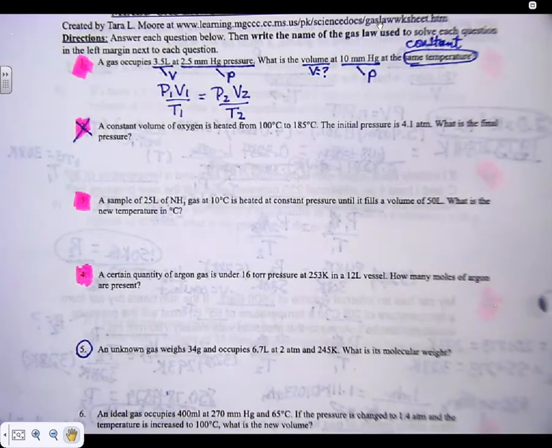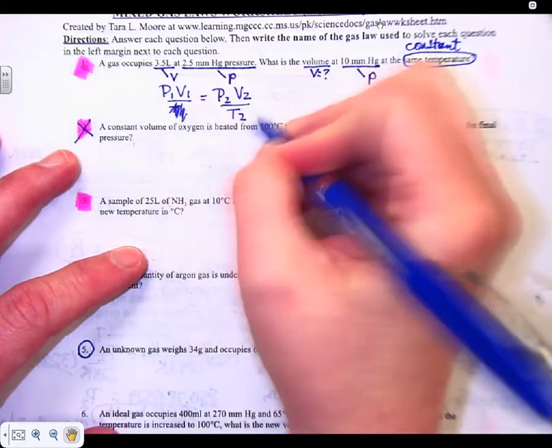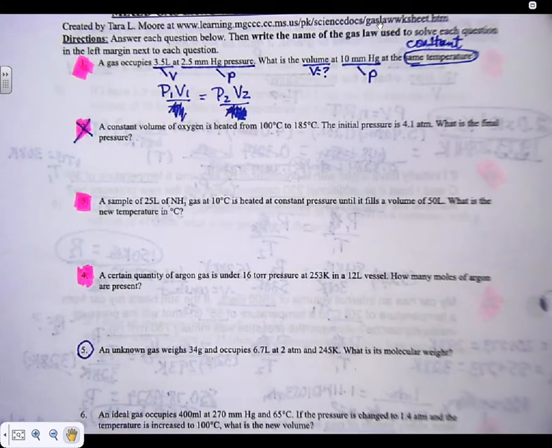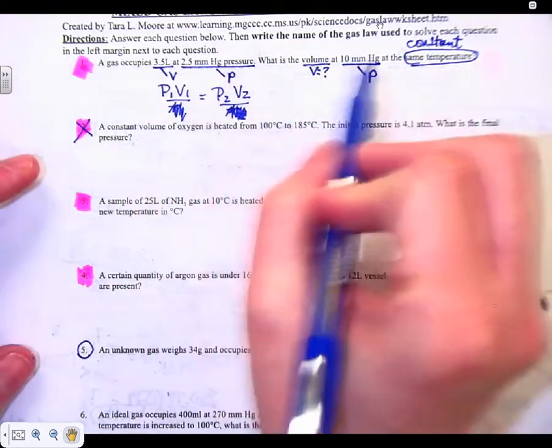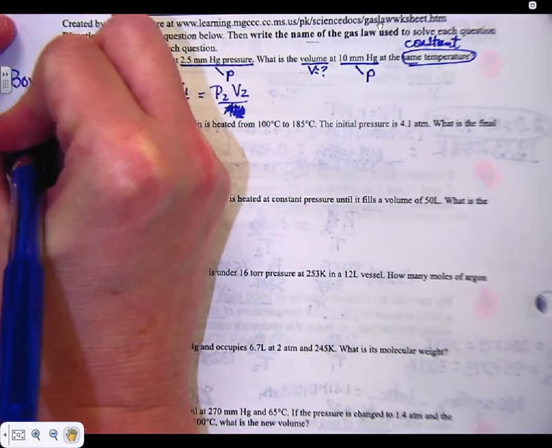Now again, notice the temperature is constant. So since the temperature stays the same, we can mark that out. And then what we have left, P1 V1 equals P2 V2, well, that's Boyle's law. Notice the directions here tell us to give the name of the gas law that's being used. So this is Boyle's law.